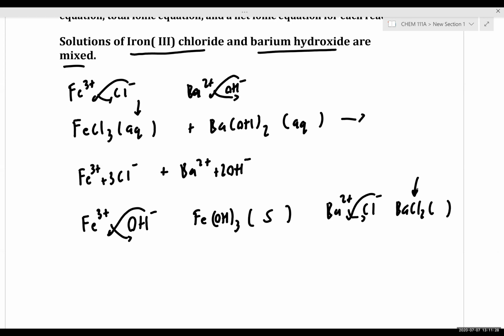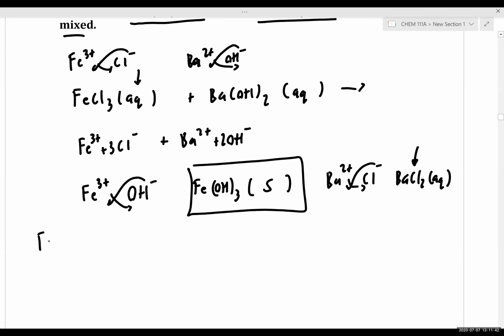It's quite poisonous as it's a pretty soluble form of barium. So it gets the aqueous symbol. Okay. I'm going to put a box around my solid iron 3 hydroxide. That's going to be the precipitate for this reaction. So let's write out our chemical equation.